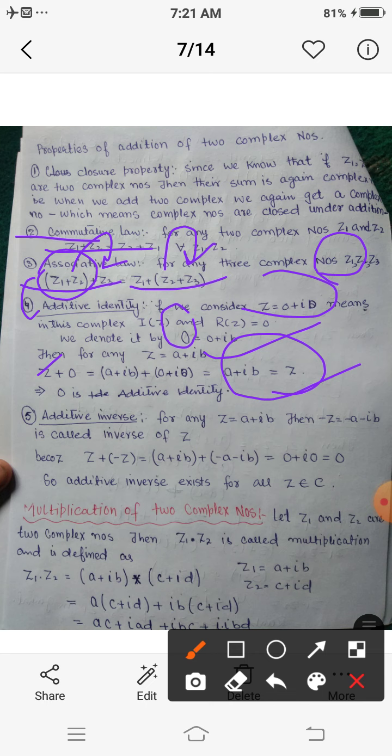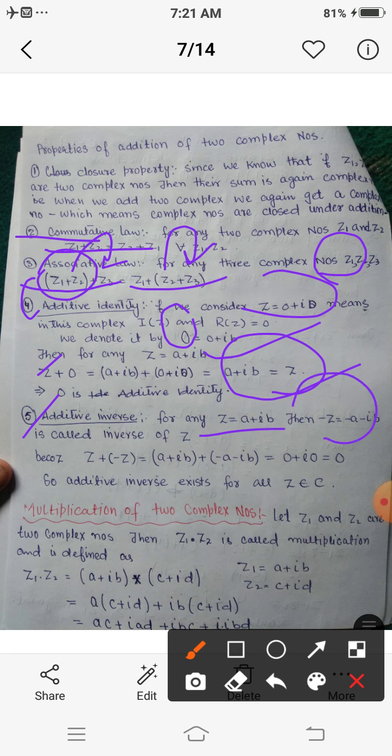Now what is the additive inverse? If we consider a real number a, then there exists minus a such that a plus minus a equals 0. This is called the additive inverse in the set of real numbers. Similarly, if we consider a complex number z equals a plus iota b, then minus z is minus a minus iota b.